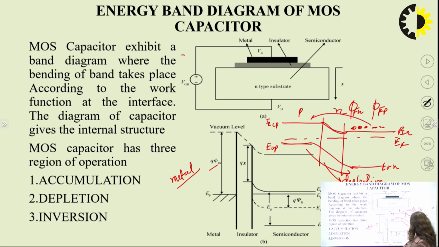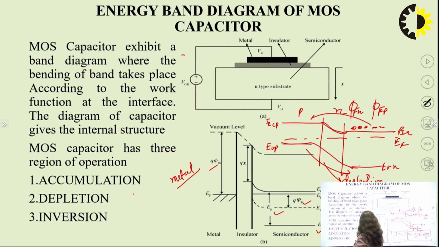We have E_C, which is the conduction band state, and then the valence band state. Then in between the conduction and valence band, we have a Fermi level E_F, which has a work function of q psi b. Then we have an energy band diagram, the band gap between E_C and E_V, which is shown here as E_G.